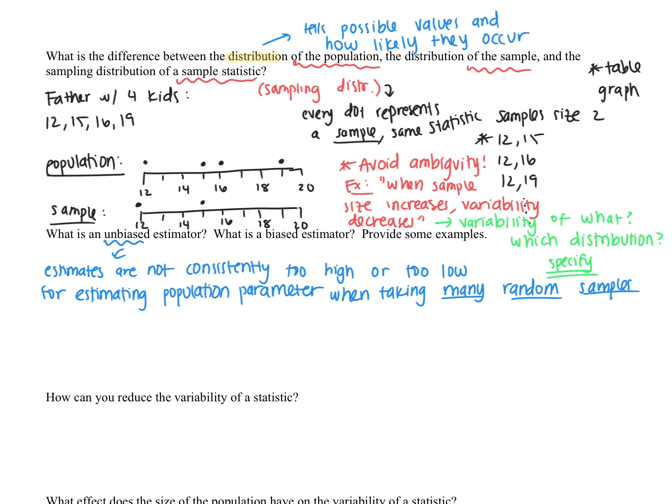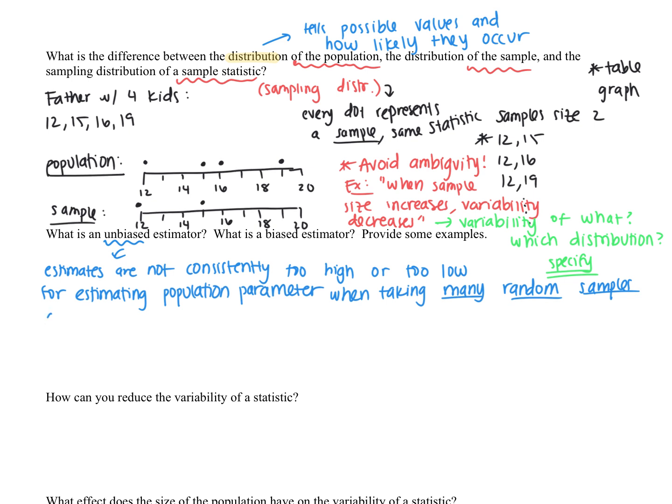So if we take a whole bunch of samples, we're not going to consistently over or underestimate. Like we saw with the father one that we did on the previous page, when we were taking sample means, the X bar, sometimes it was too low, sometimes it was too high. But over the long run, it centered out at the right value.